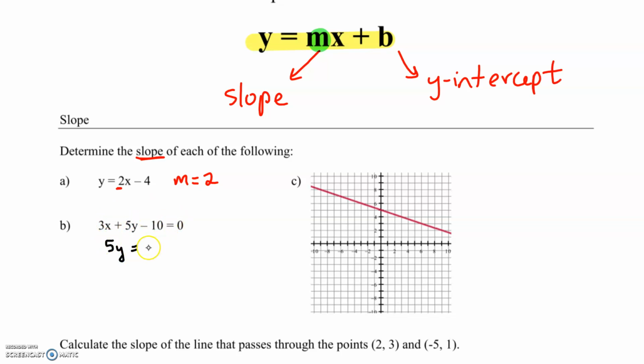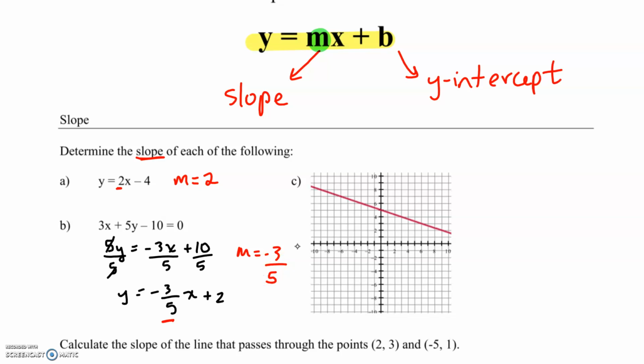I'm going to move 3x over, it becomes a negative 3x, and move negative 10 over, it becomes a positive 10. I'm going to now divide both sides by 5. So I'm left with y equals negative 3 over 5x, and 10 divided by 5 is 2. So I can see that my slope is negative 3 over 5.